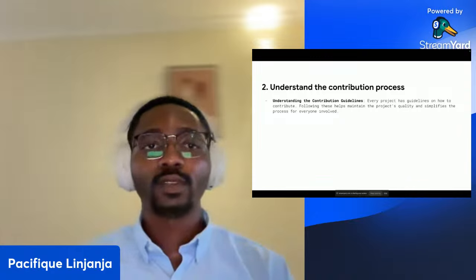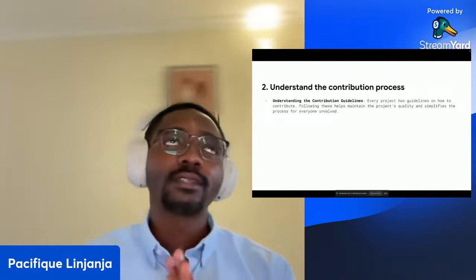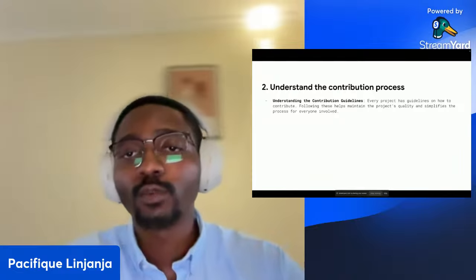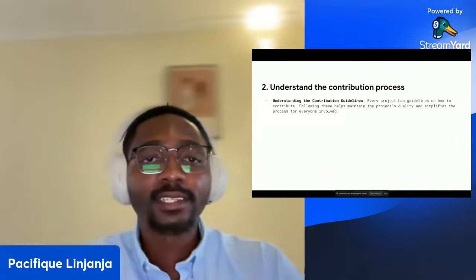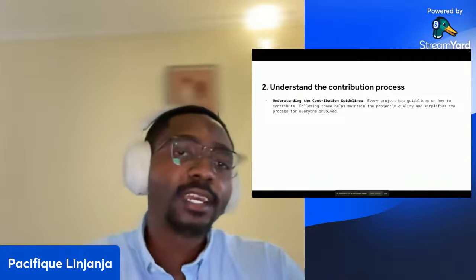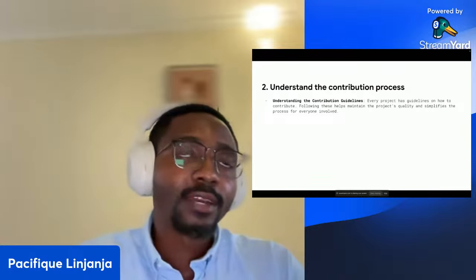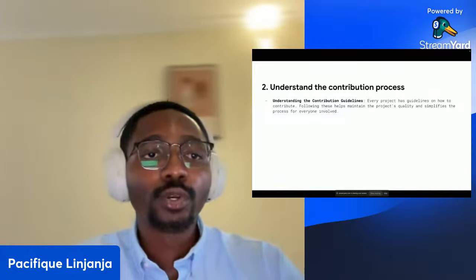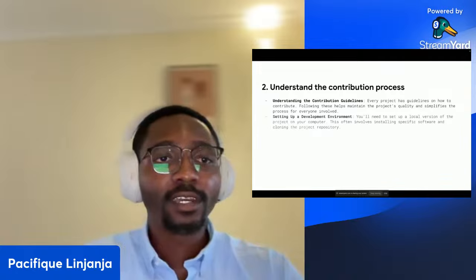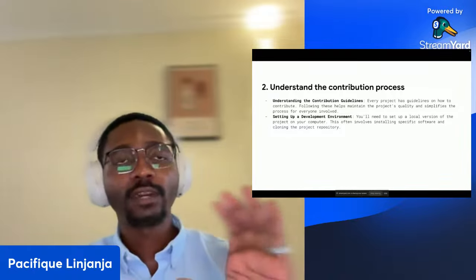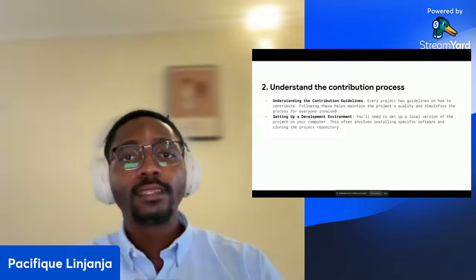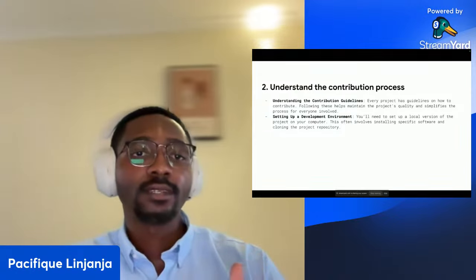Every project will come with a contribution guideline. It's usually a markdown file in the root of the project, so you get to understand how you can contribute to this project and what the normal contribution cycle is. Usually it starts from claiming an issue. Ideally, as we just saw, taking small issues is better.